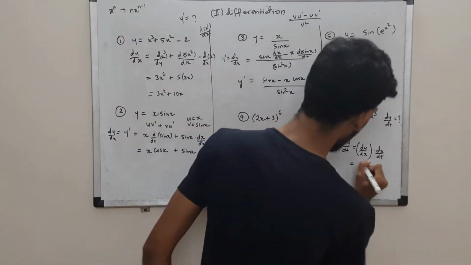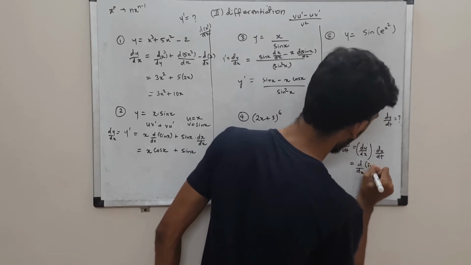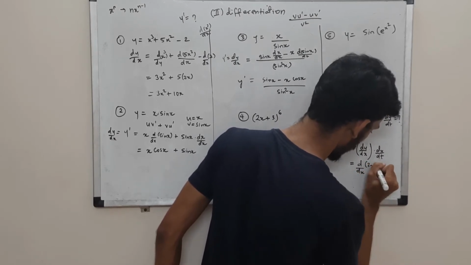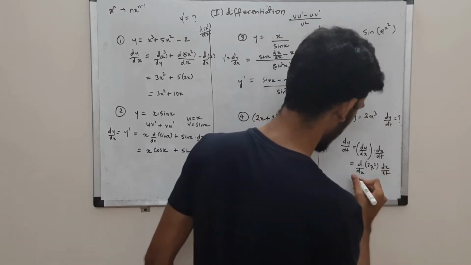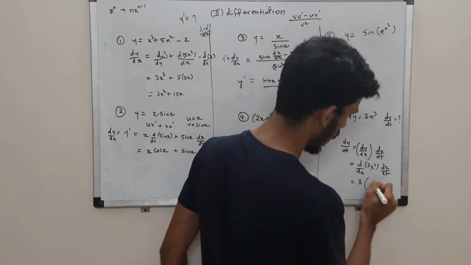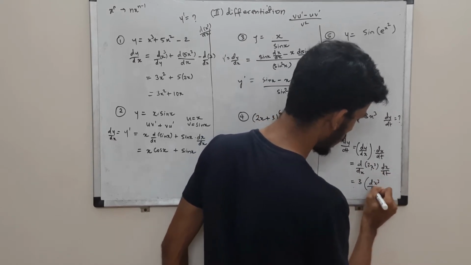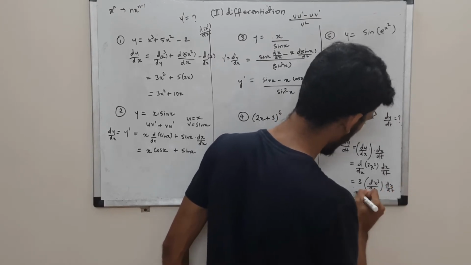So what is the derivative d by dx of 3x cube? And also we have dx by dt. This dx by dt will remain separate. So 3 can come out and you'll have the derivative of x cube and dx by dt. That dx by dt will remain in the answer.